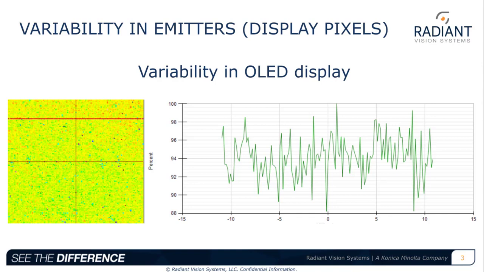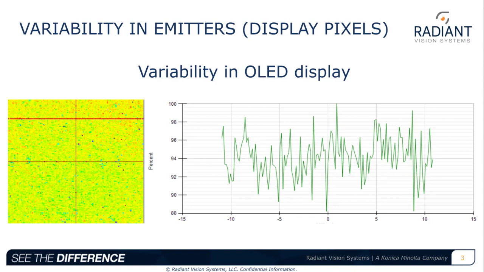The pixels from OLED and microLED displays can exhibit variability in luminance and color from pixel to pixel. This variability can be seen as non-uniformity across the display, and this can result in low yields of acceptable displays.